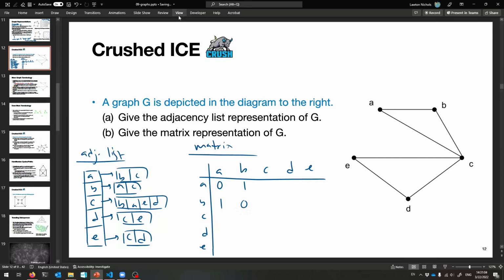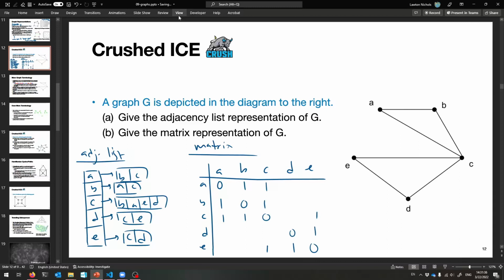So there's a bunch of zeros here. Let me try and line these up. And then we got to add 2 1s for every edge. So there's an edge between B and C, same with C and B. Edge between A and C, E and C, and C and E. Then E and D, and D and E as well.